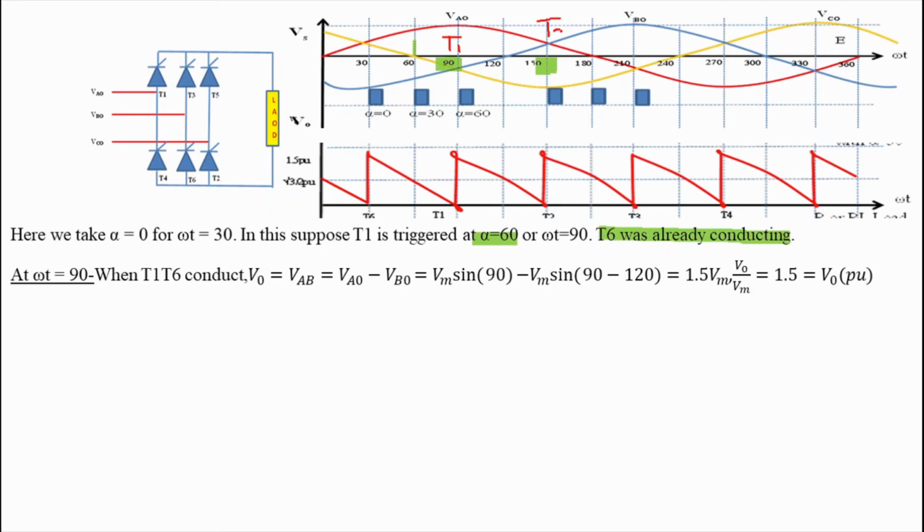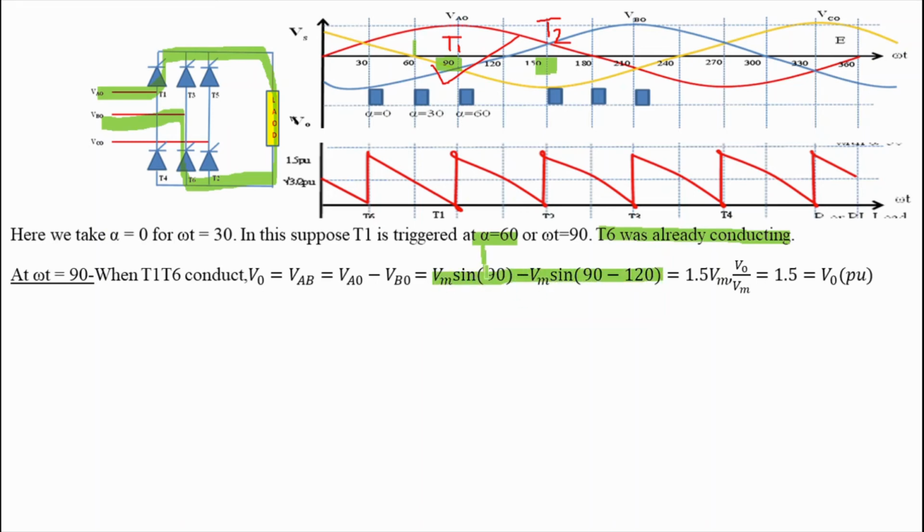Okay. So when we trigger thyristor T1 at omega t is equal to 90 degree, then T1 T6 will conduct and we get this path. So if we apply KVL on this path, we get V naught is equal to VA naught minus VB naught, and if we put omega t is equal to 90 degree in VA naught minus VB naught, then we will get Vm sin 90 minus Vm sin (90 minus 120) degree.